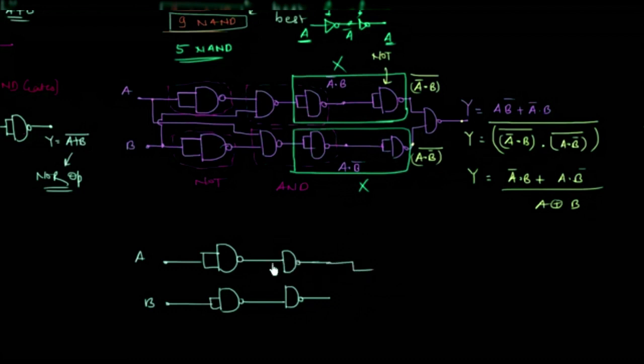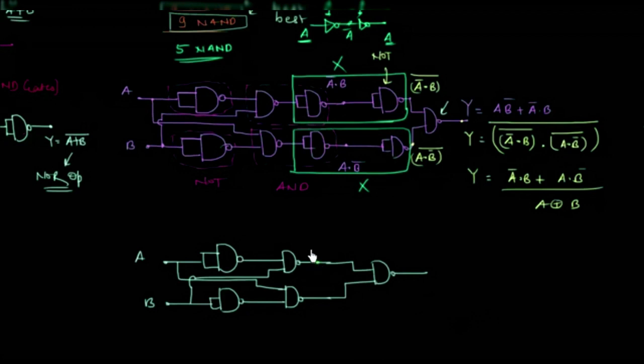So the output of this NAND gate will go to this NAND gate here. In the same way, output of this NAND gate will also go to this NAND gate, A and B. So we are using 5 NAND gates.